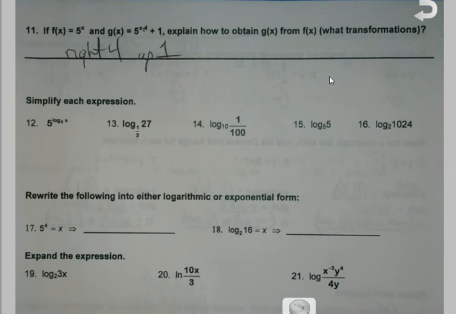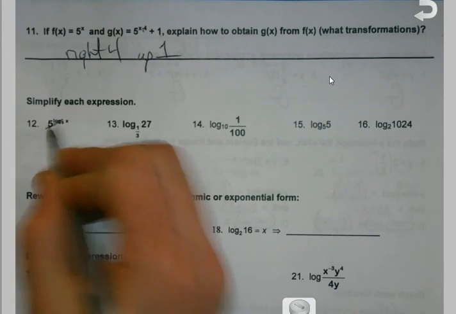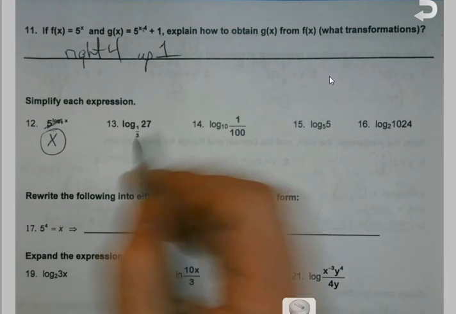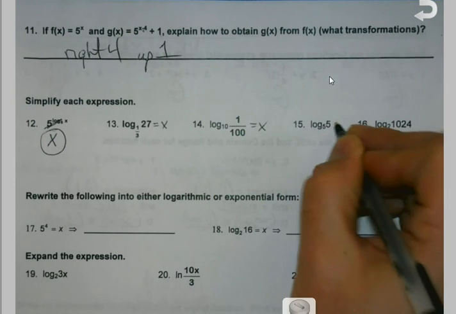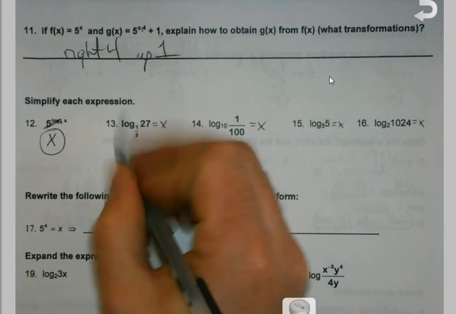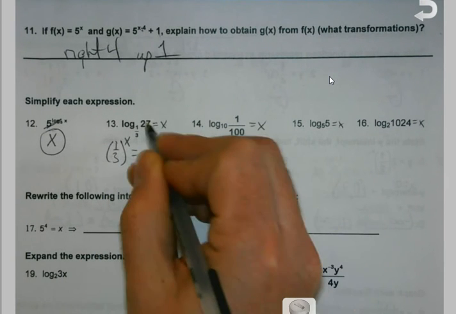Simplifying the expressions, we have the difference between using inverses or kind of using our exponent where we make some changes. Like here, 5 and log 5, they're inverses. I get x. For the rest of these, what we were typically doing before is saying, oh yeah, so base, exponent, answer.